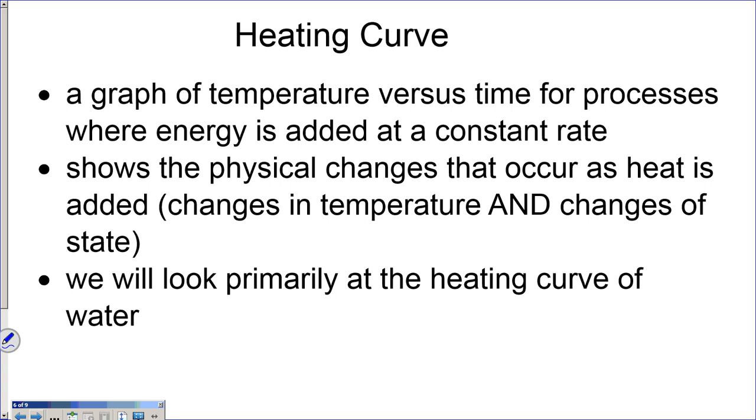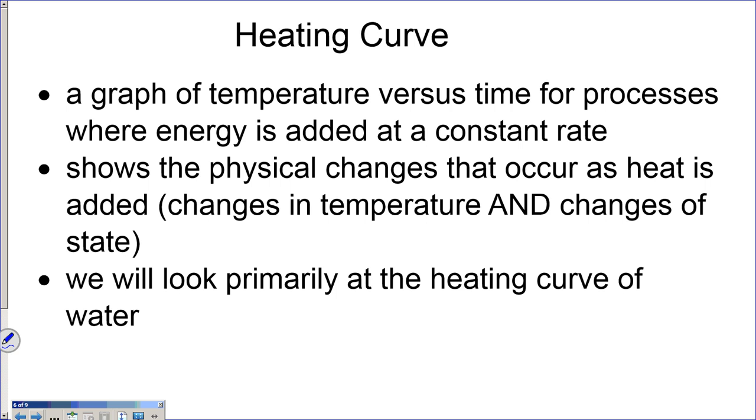So you have to account for those phase changes in there. So that's where we had a heating curve. It's a graph of the temperature versus time for processes where energy is added at a constant rate. So you'll have temperature on the side, time going across the bottom, and we're adding heat at a constant rate, not bit by bit. It's going to show the physical changes that occur as heat is added.